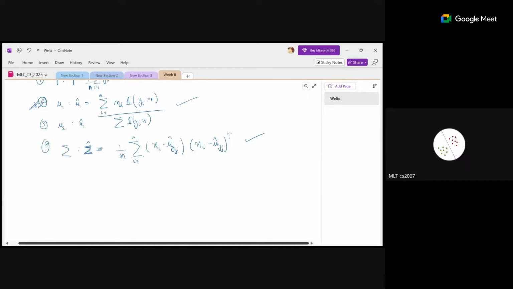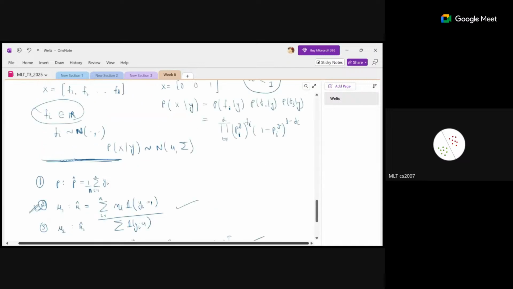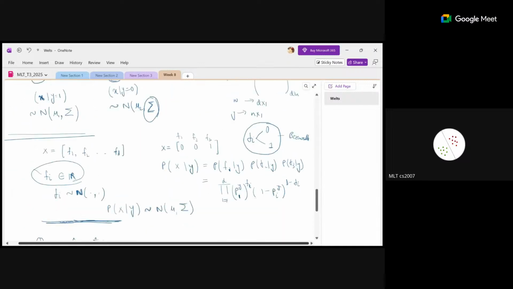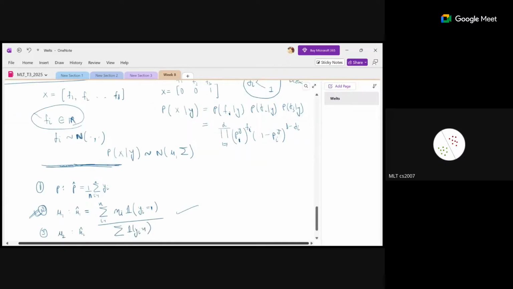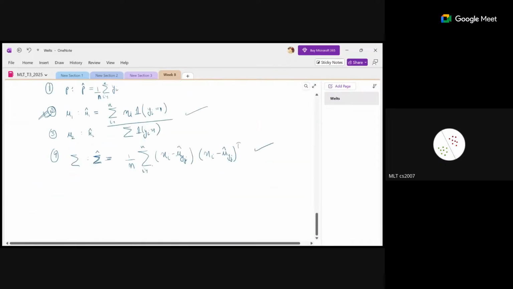But in case we assume different covariance matrices, sigma 1 and sigma 2, for class 1 and class 2, then my decision boundary is not going to be linear. That's the only difference here.